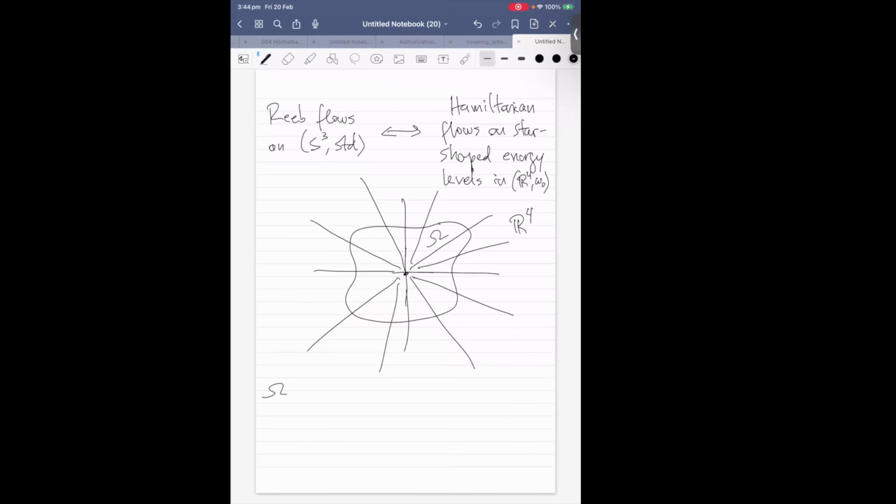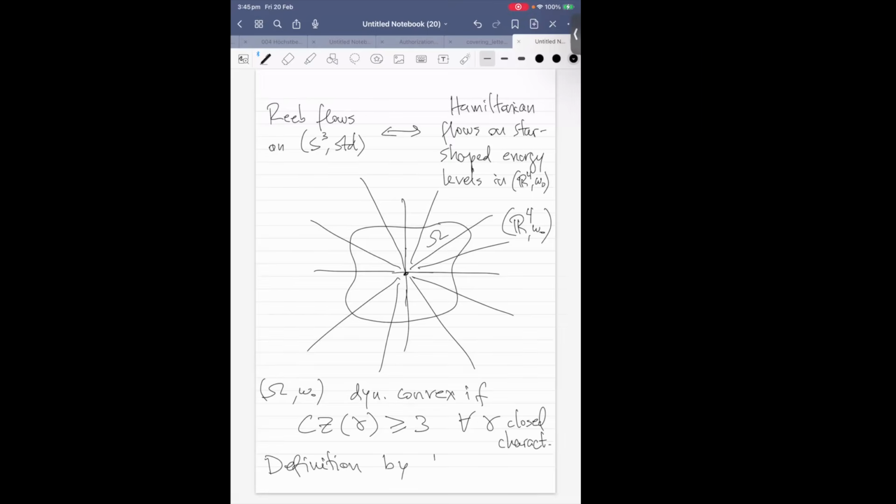Such a domain, always with the standard complex structure, is going to be called dynamically convex if every closed characteristic has Conley-Zehnder index at least 3. That's a definition by Hofer, Wysocki, and Zehnder.